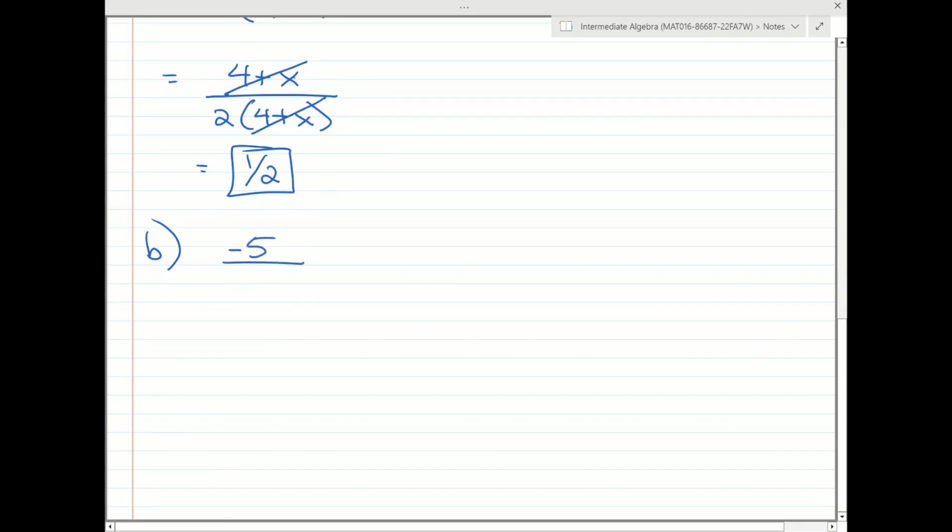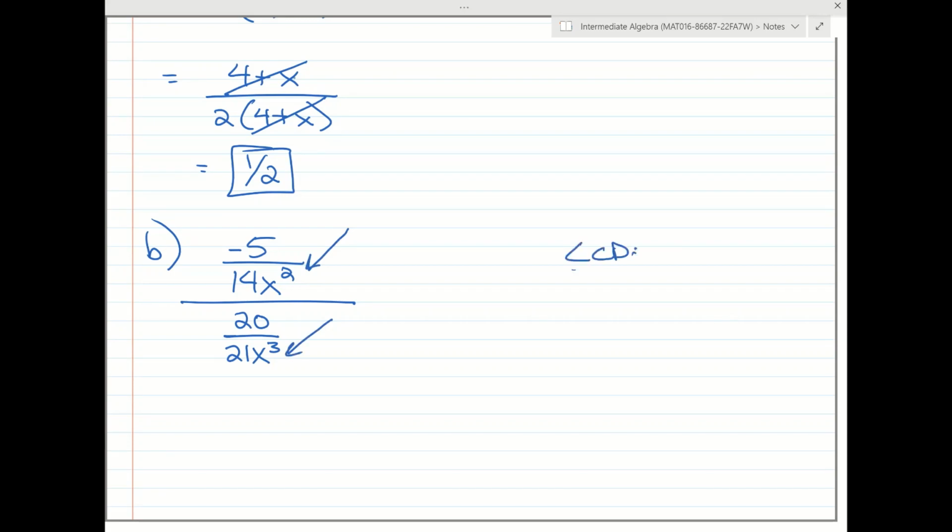Like this. -5 over 14x squared divided by 20 over 21x to the third. We have to look at our denominator and figure out what's the least common denominator. So the smallest number that we could divide into 14 and 21, I think would be 42. And then x to the third.